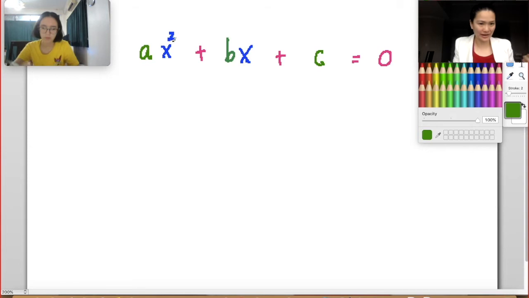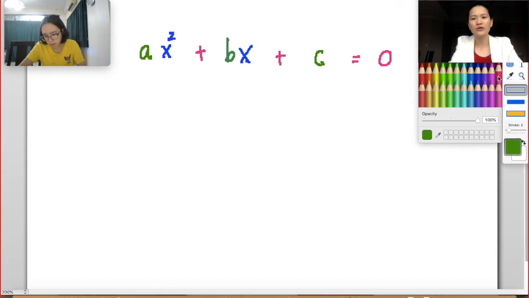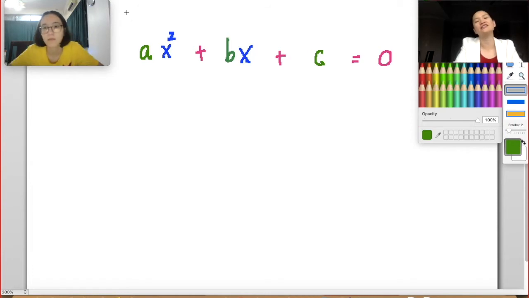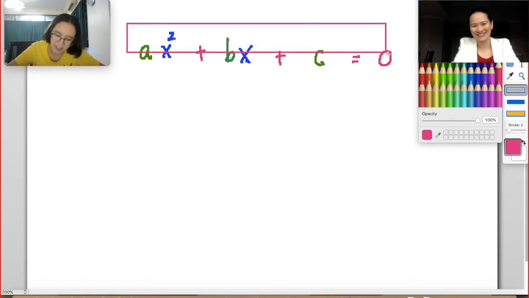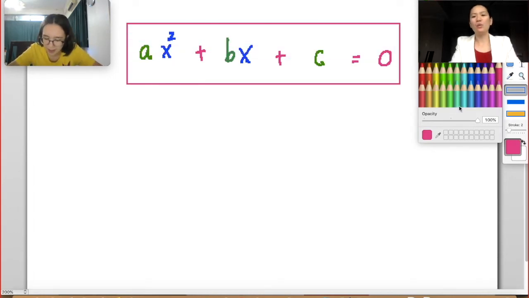Here we have the term of x squared, term of x, and c. This one a, b, c is a constant number. You just have to understand the concept first. You okay? Yes, good.